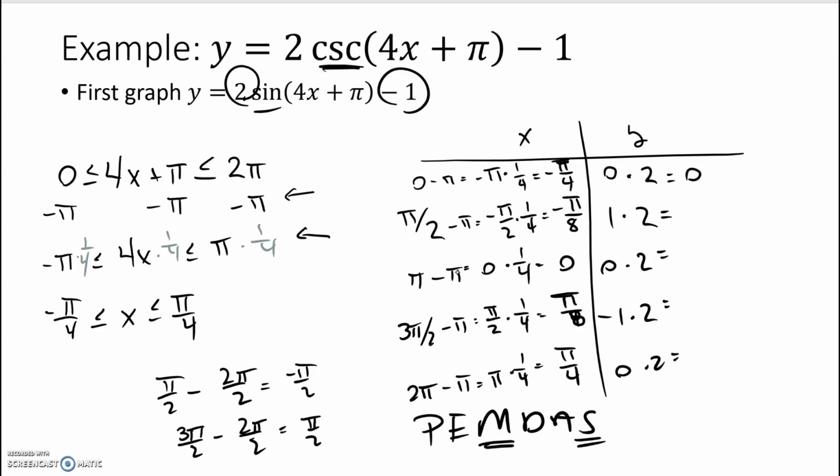So I get 0, 2, 0, -2, 0. And then I'm going to subtract 1 from each one of these. So I get -1, 1, -1, -3, and -1.